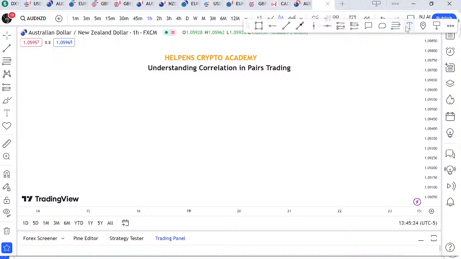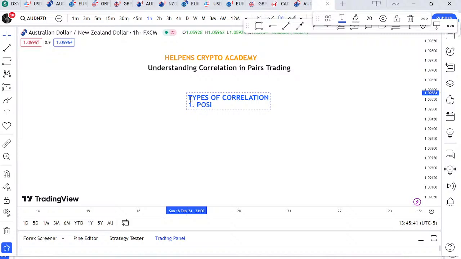Now, last week I was talking about types of correlation. Let me quickly write types of correlation. We have one, positive correlation.